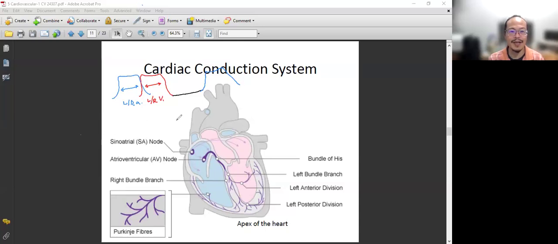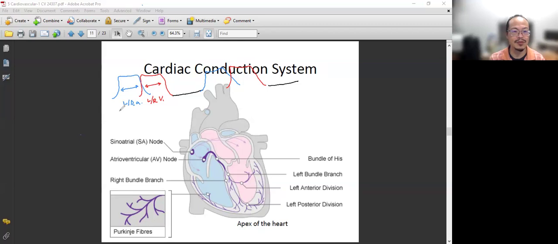And then followed by the AV node then send signal to both left and right ventricle. So you have the left and the right ventricle action potential again, right? And then there is relaxation, something like that.